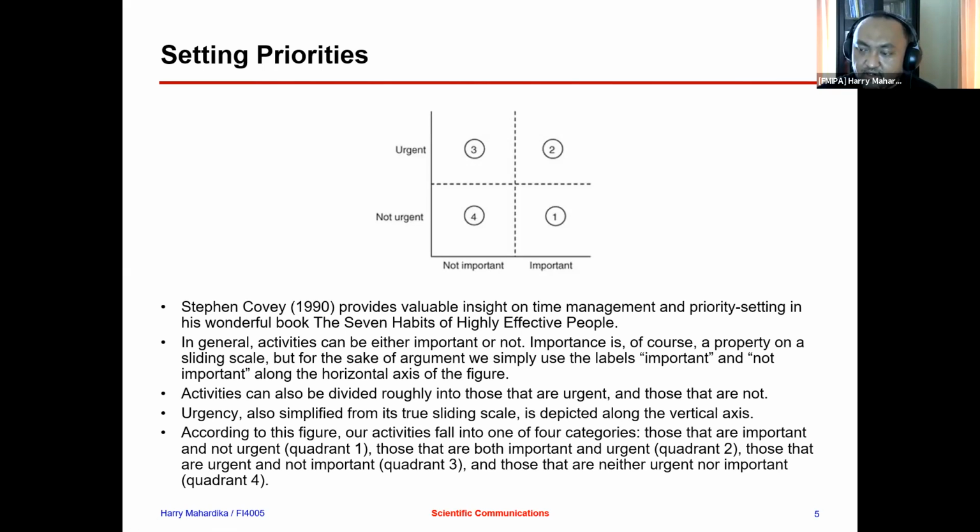And there are many other examples that you can find in Stephen Covey's book or even in your daily activities, for example reading novels, watching videos on YouTube that are not related to classes, or playing games. Playing games is also important in order for us to relieve stress.